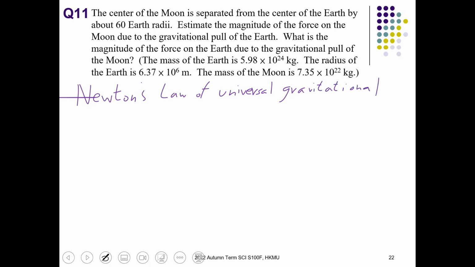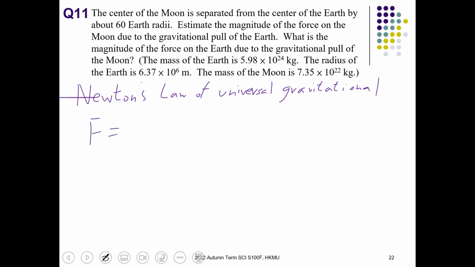Indeed, the interaction follows Newton's third law, which is action and reaction pair, same magnitude but opposite direction. What we are going to do is to find out the magnitude of the force on the Earth by the Moon.